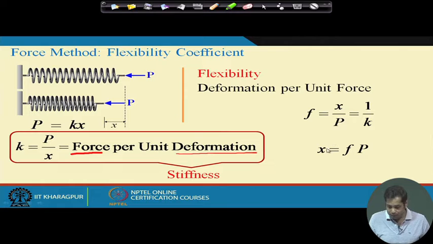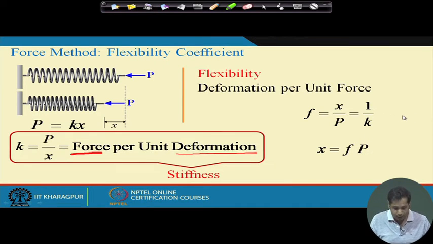Similar to the expression P is equal to Kx, we can express the same thing in terms of flexibility: x is equal to F into P, where x is the deformation, F is the flexibility, and P is the applied load.